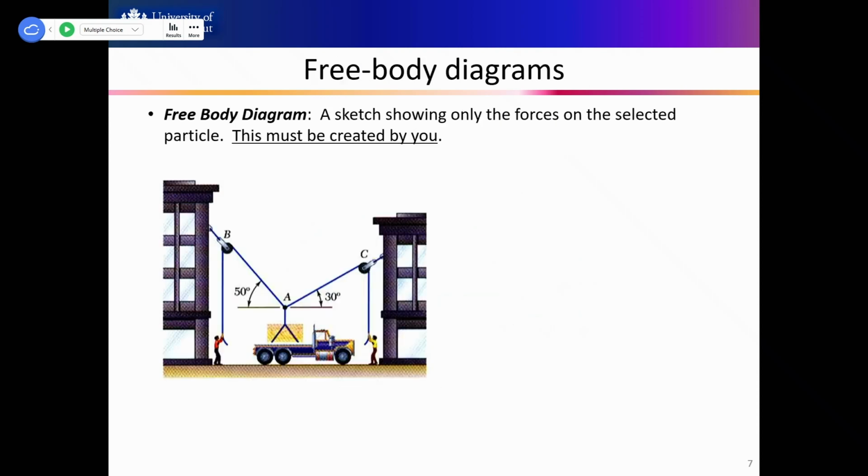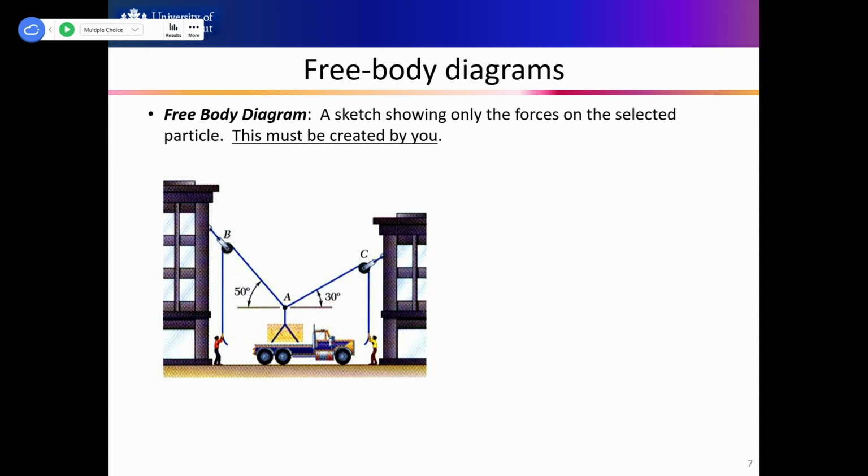Okay, then once we are given a problem to solve for some unknown forces using equilibrium equations, the problems are typically given based on a real-world situation, right? And the first thing we need to do in order to set up the equilibrium equation is plotting a free body diagram.